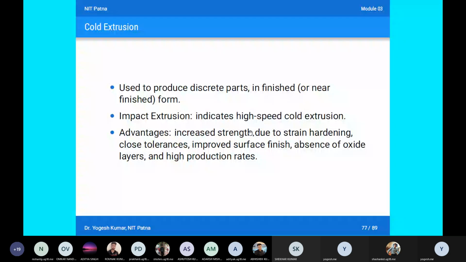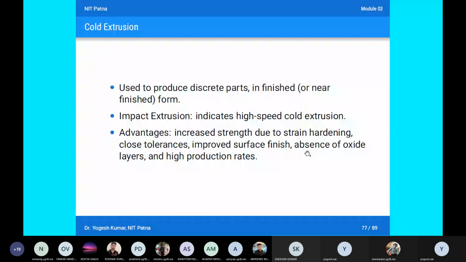There are certain advantages why cold extrusion is carried out. These are increased strength due to strain hardening, and close tolerances are possible, as I already told, because there is no shape change or distortion in the finished product due to cooling. Because there is no change in temperature, close tolerances are possible.